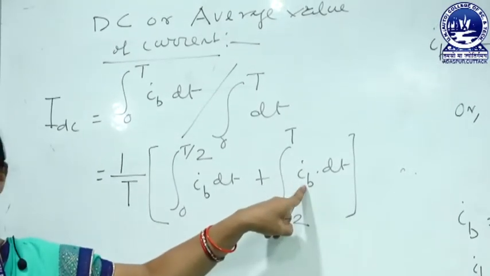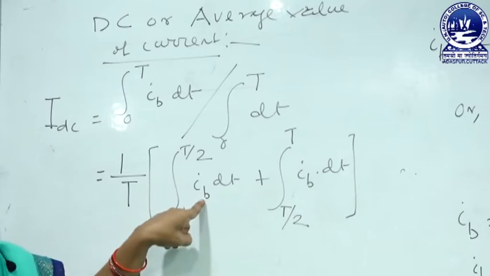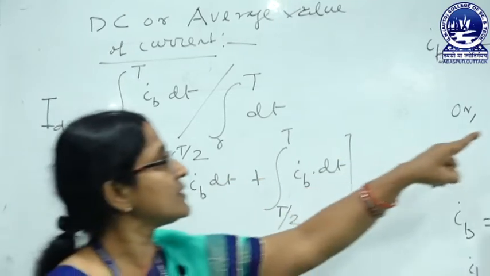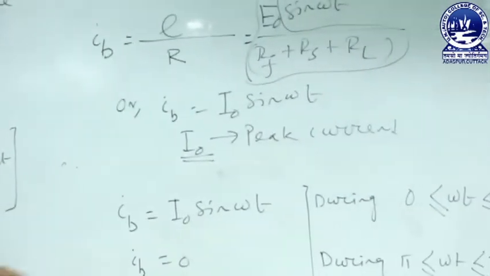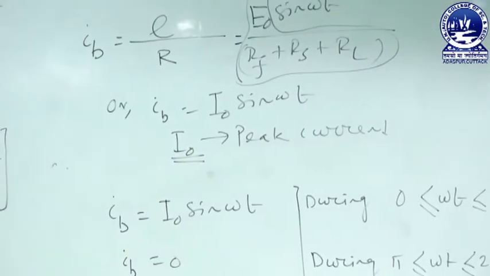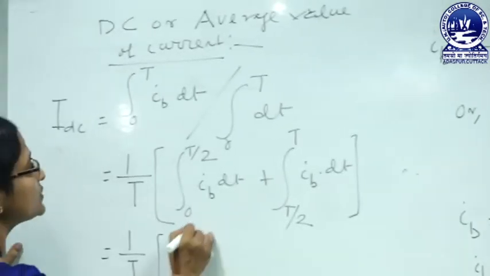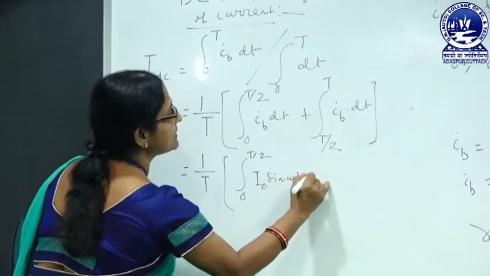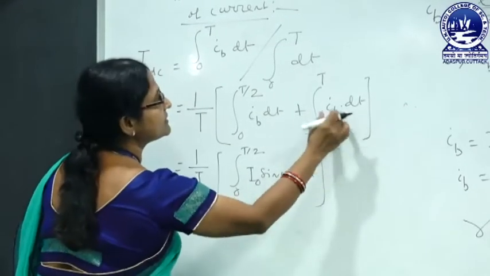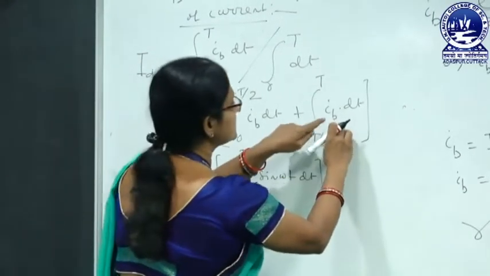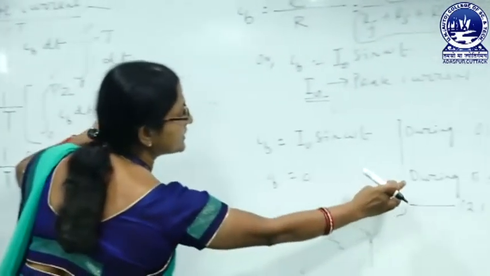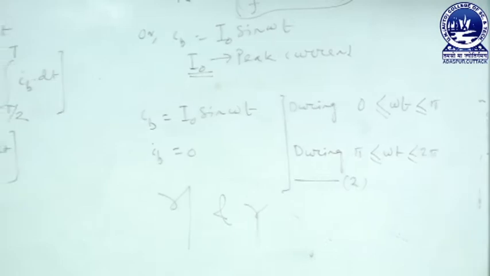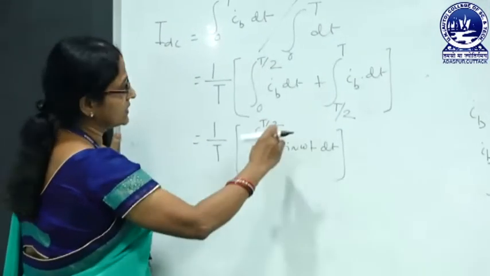Here IB equals 0, so we only put IB for the positive half cycle, which equals I naught sin omega t. So 1 by T, integration 0 to T by 2, of I naught sin omega t dt. In the negative half IB equals 0, during pi less than or equal to omega t less than or equal to 2 pi, so only the first integral comes.